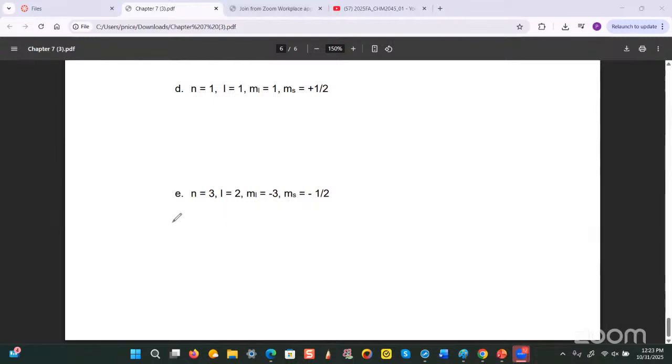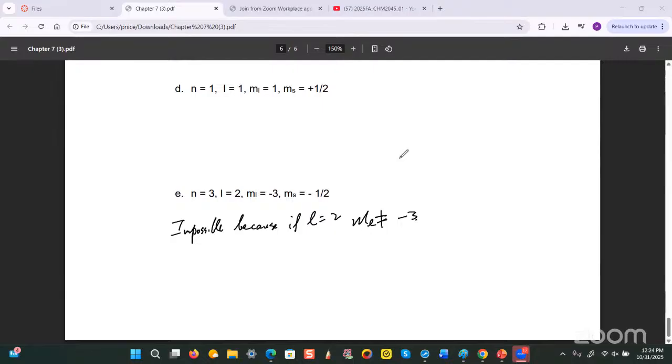Because if L equals 2, ML can't equal -3. Okay, very good. Impossible because if L is equal to 2, then ML cannot be equal to -3 because the only possible values of ML in this case would be from +2 to -2, right? And -3 falls outside of that range.